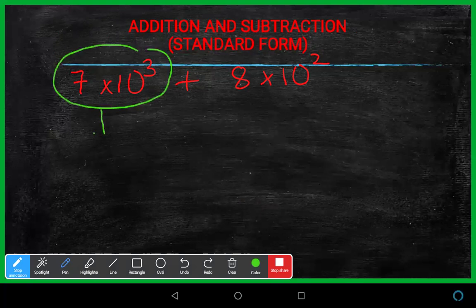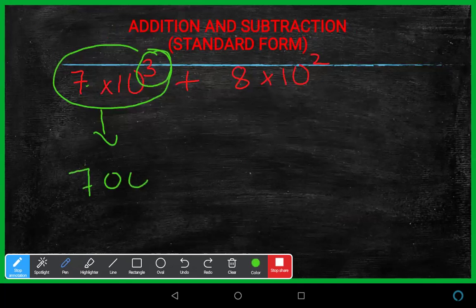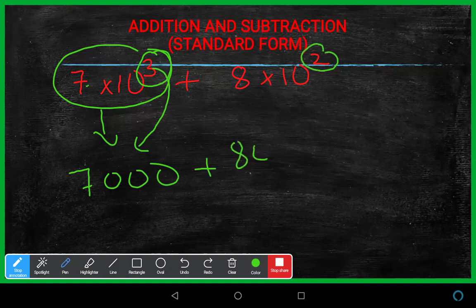How can we convert this? There is a decimal point after 7, and after the decimal point there is no number. So this means you don't need to minus the power. So this will become 7,000 because the power is 3. You will add 3 zeros. Now the power is 2. It will become 800. Okay.